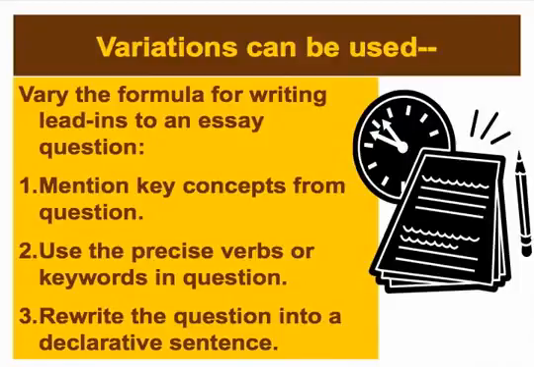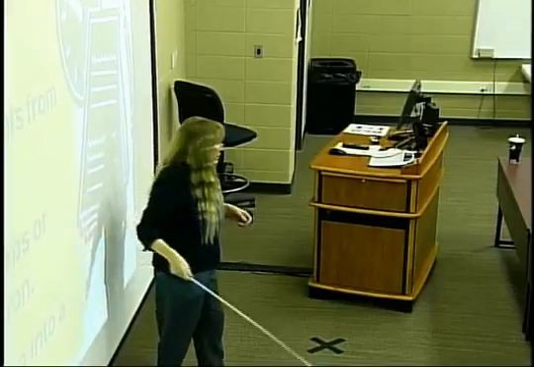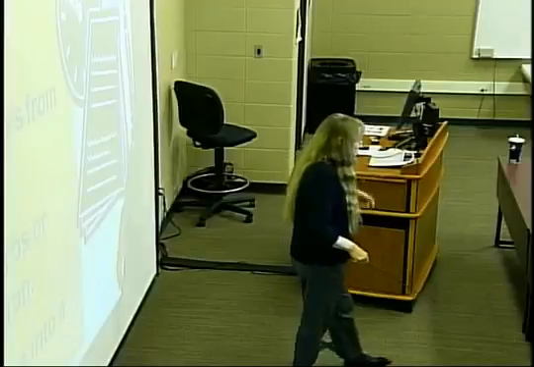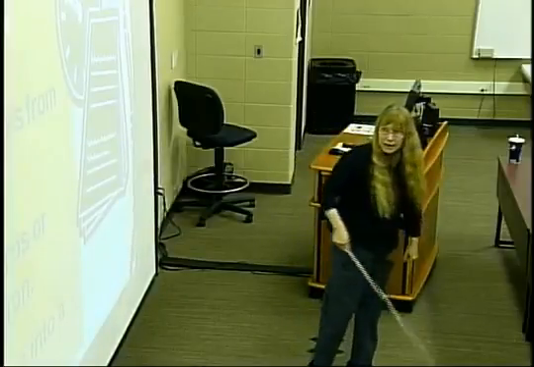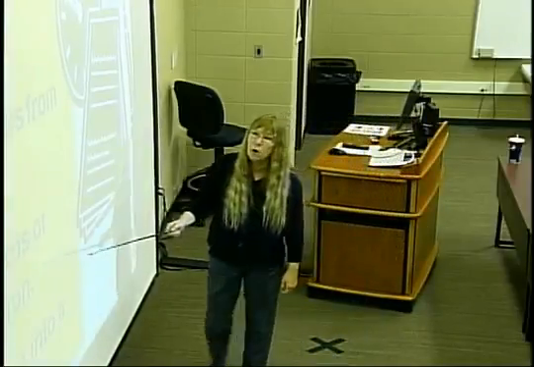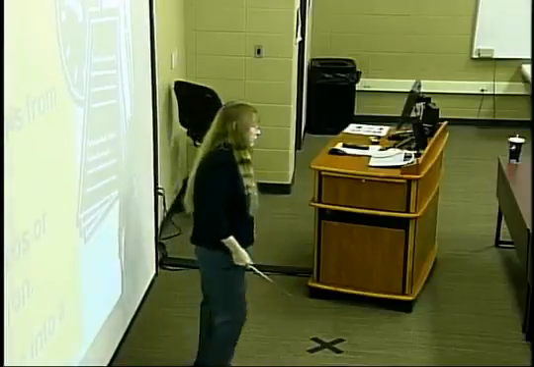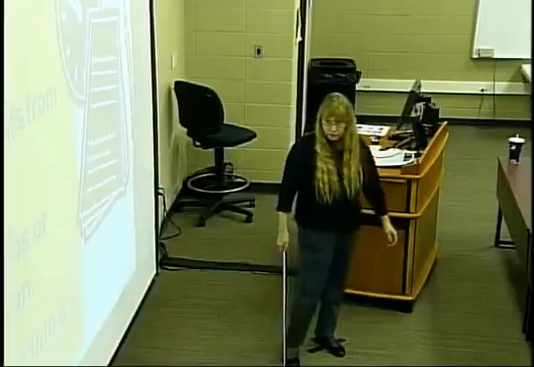And when you write your lead-in, work those same words, those keywords, those precise verbs, and also the key words that mention, if it's something about the Civil War and Abraham Lincoln and something about the Reconstruction, you want to make sure you work all those concepts, those terms, into your opener. And, of course, you can still use the precise verbs because they might already be there in that question.